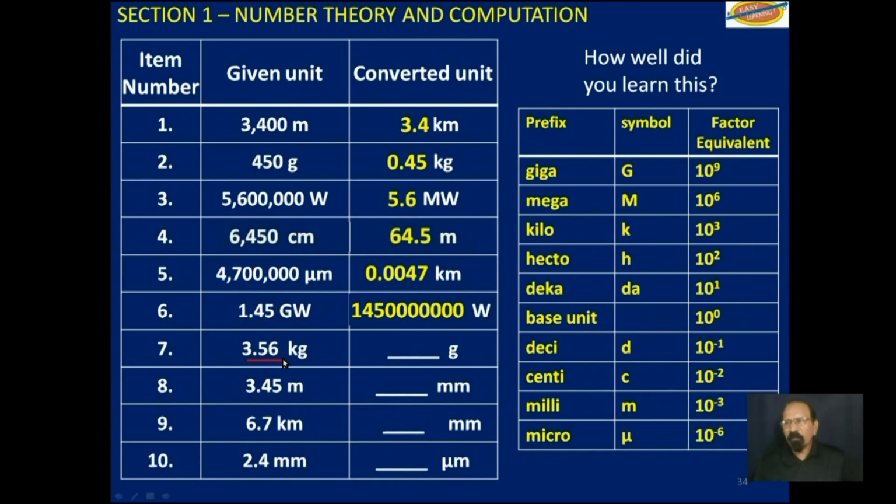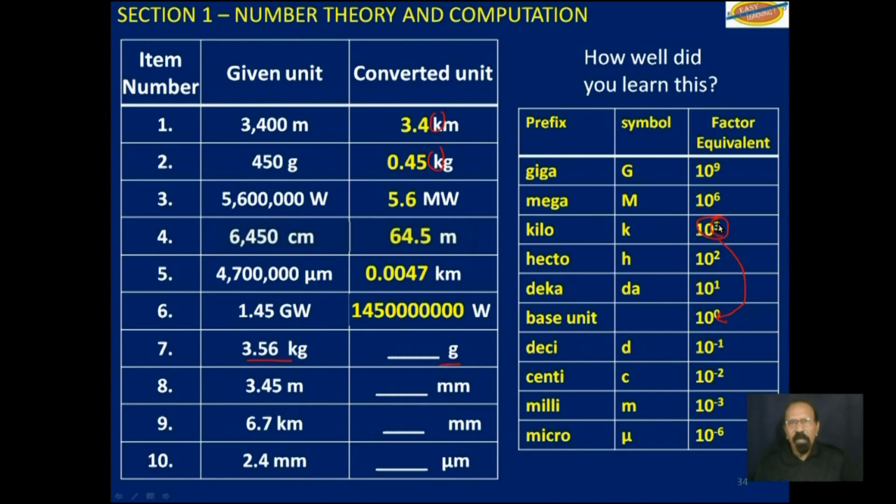Next, 3.56 kilograms to grams. Now remember up here we said kilo means 1,000. So some of these you will learn without having to refer to this table. So kilo means 1,000. But if you need to refer to this table, you are here and you are going to this base unit.